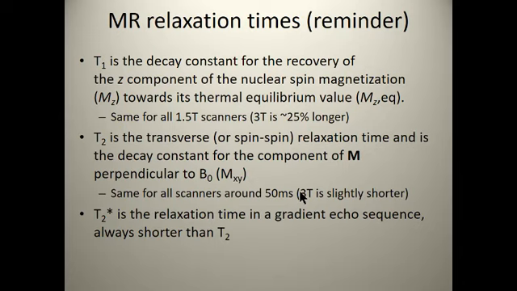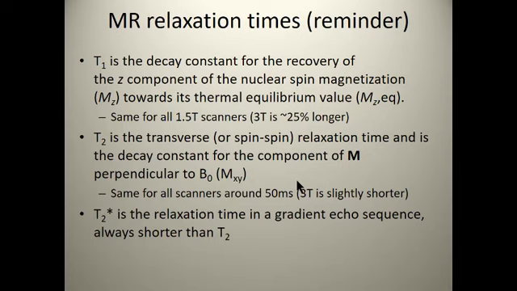Just as a reminder, I didn't know how many clinicians would be present, so sorry if this is obvious. T1 is the spin-lattice decay constant for recovery of the Z component of the nuclear magnetization. It's scalar independent, but obviously it depends on field strength to some small degree.